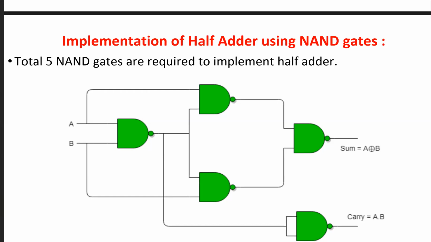The top one you can give 2, the middle one 3, 4 you can give to the sum, and 5 you can give to the carry.